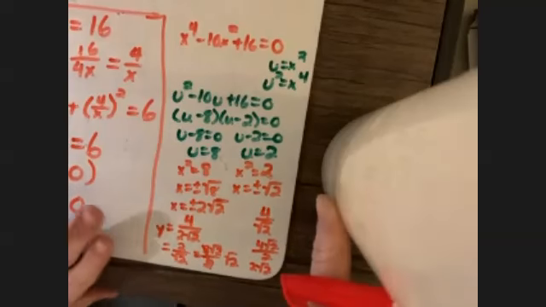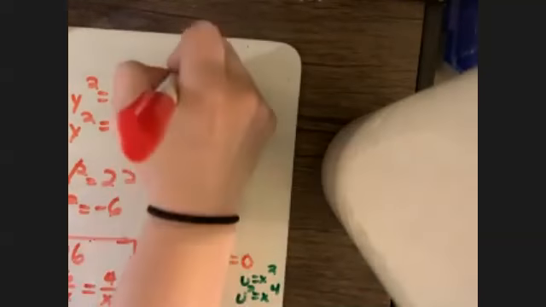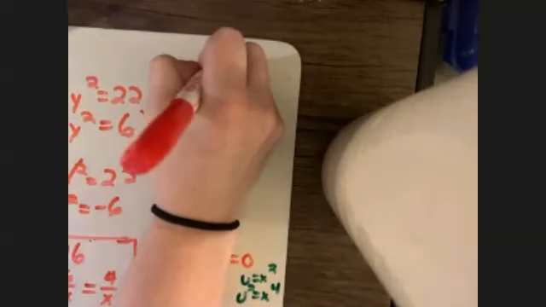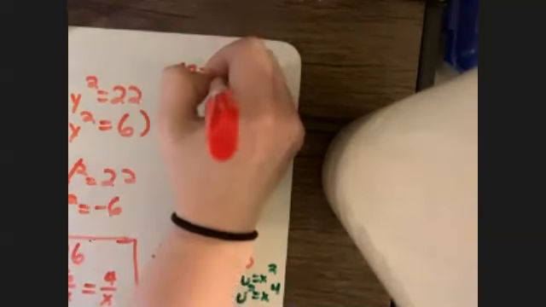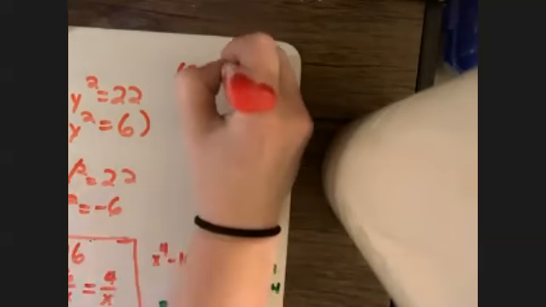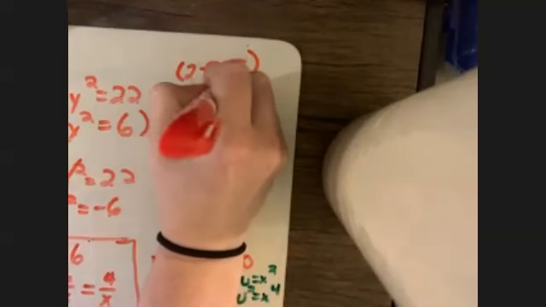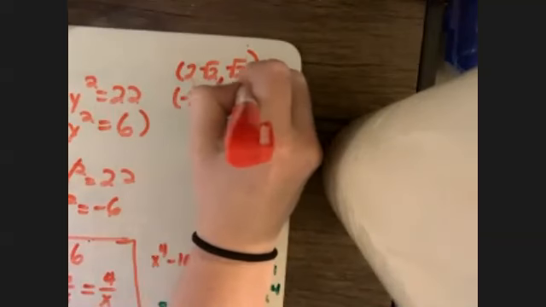Now, bringing this back up, okay? We have 2 square roots of 2, comma, square root of 2. We have negative 2 square roots of 2, negative square roots of 2.